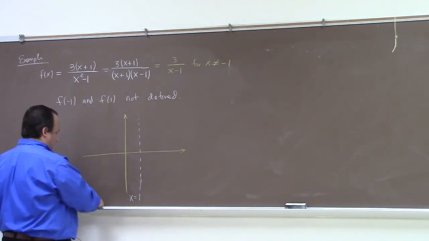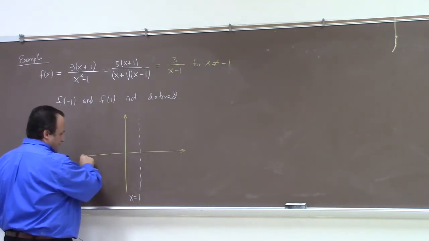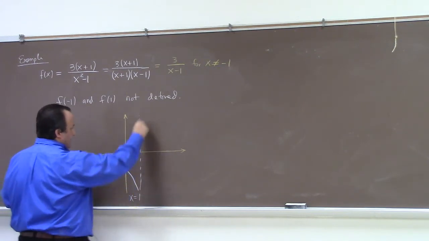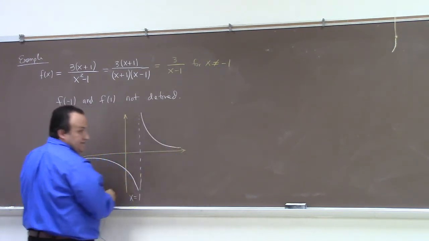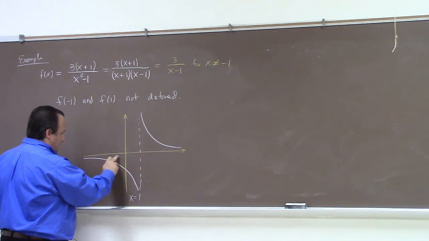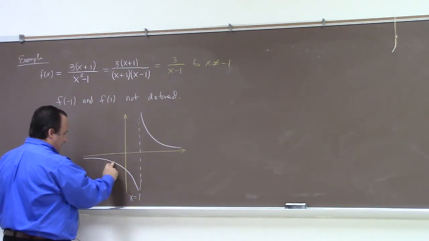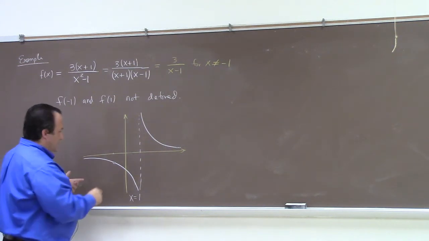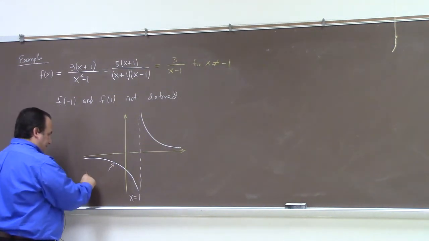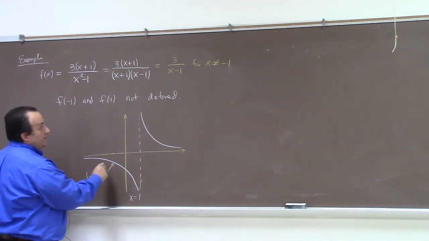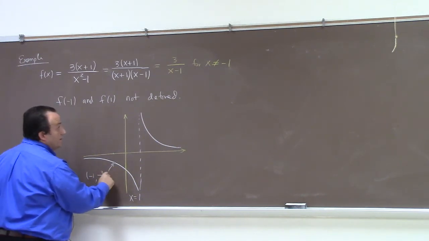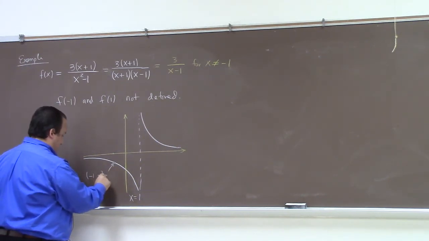So this is just a rough sketch, but something like this is the graph of this thing. But at minus 1, technically speaking, there's a hole. That hole is actually at minus 1, comma 3 over minus 2.